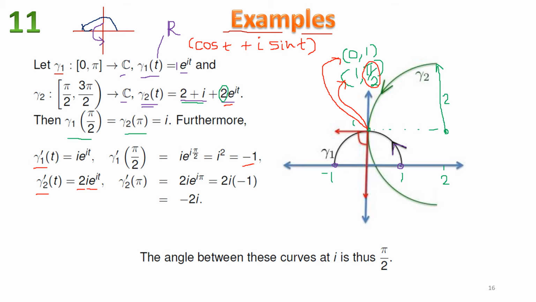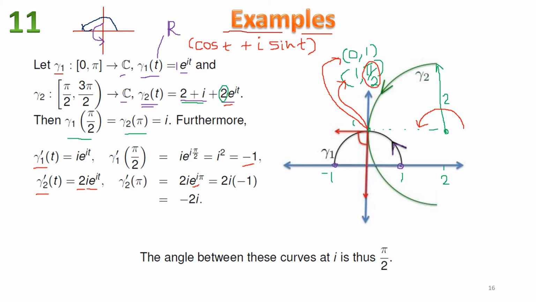So 2i e to the it is the derivative, and at the angle pi, so here the angle pi is this. At this angle pi we are trying to find the tangent, and it is 2i e to the power i times pi. So this quantity is minus 1 obviously, and 2i into minus 1 will be minus 2i.